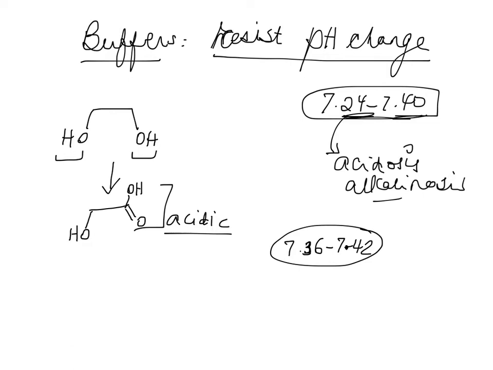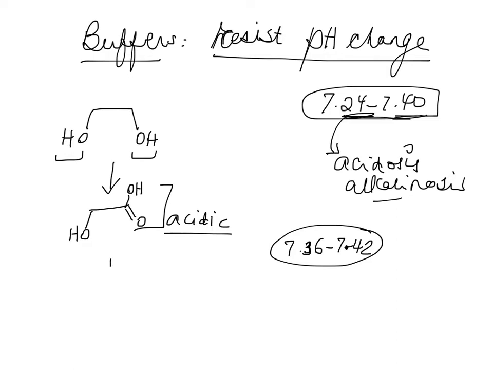Many proteins require this narrow pH range for their proper functioning. If this glycolic acid enters the bloodstream, there can be a problem, because if the concentration of glycolic acid is too much, then the buffer may not be able to resist that pH change.